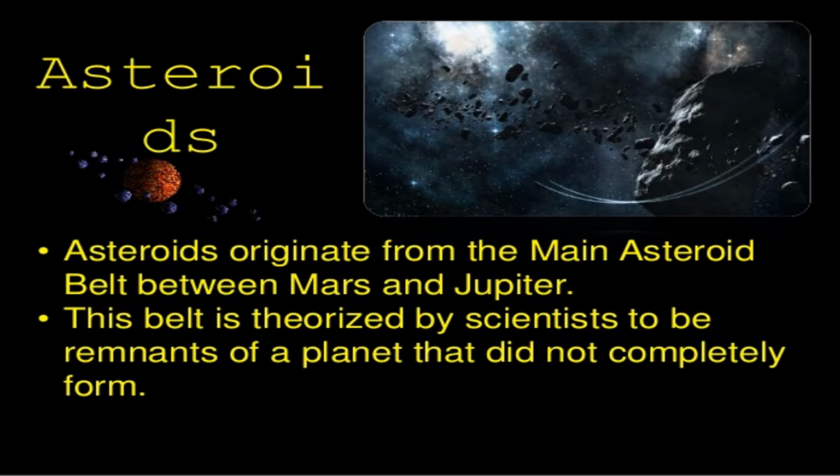Asteroids originate from the main asteroid belt between Mars and Jupiter. This belt is theorized by scientists to be remnants of a planet that did not completely form.